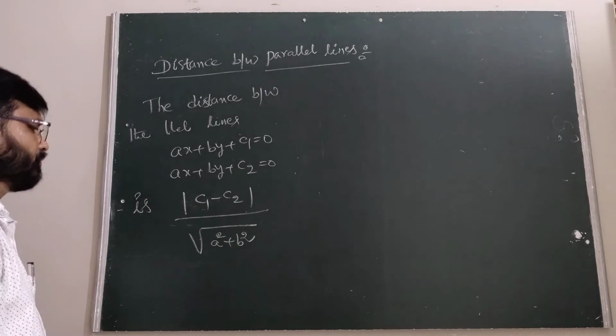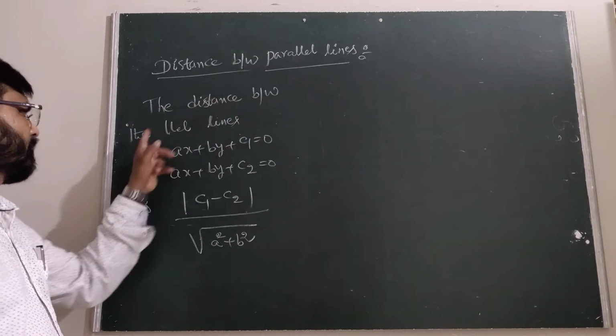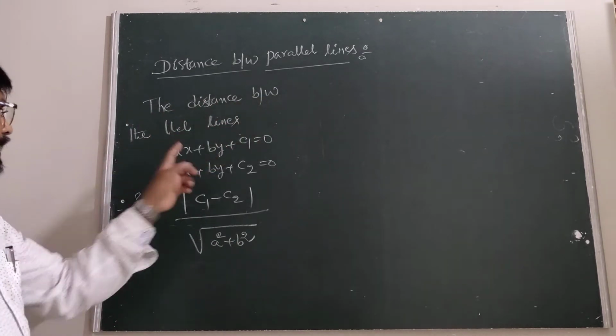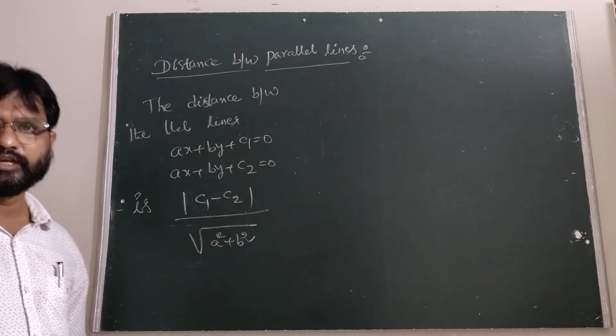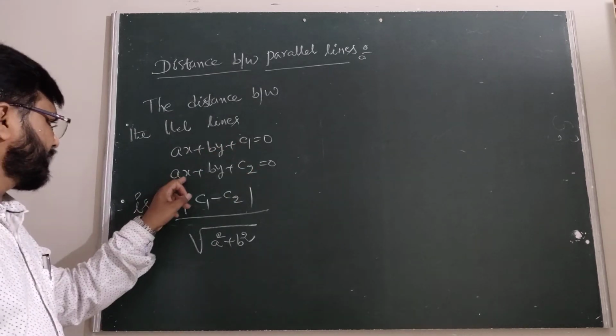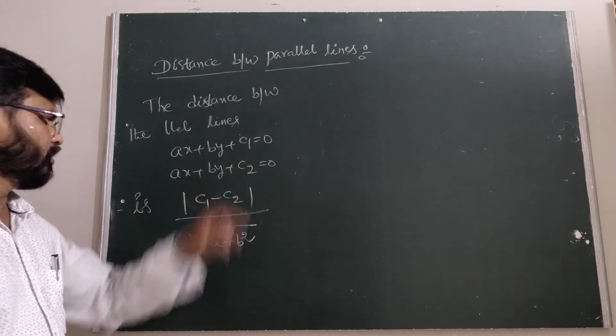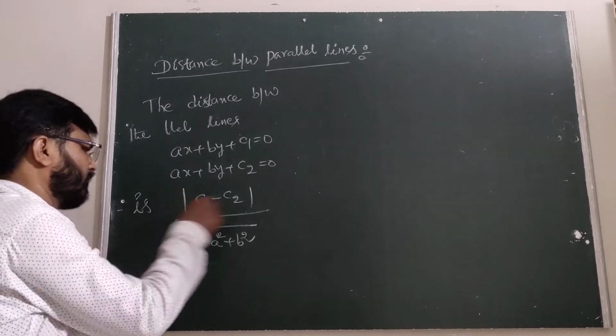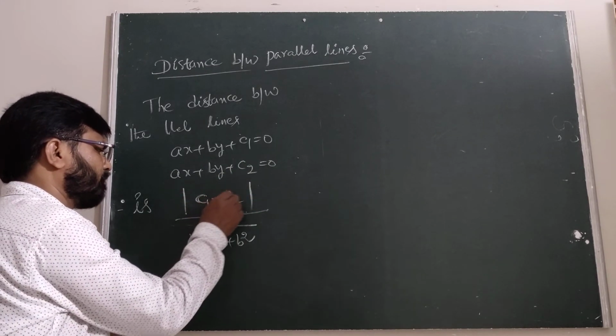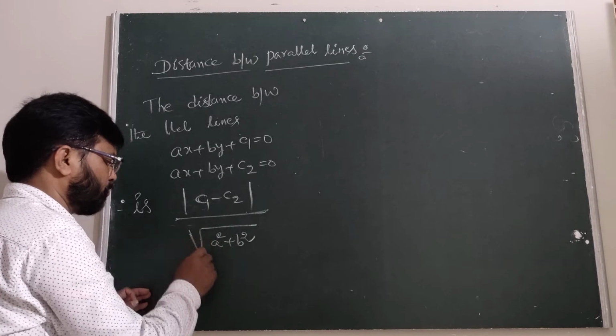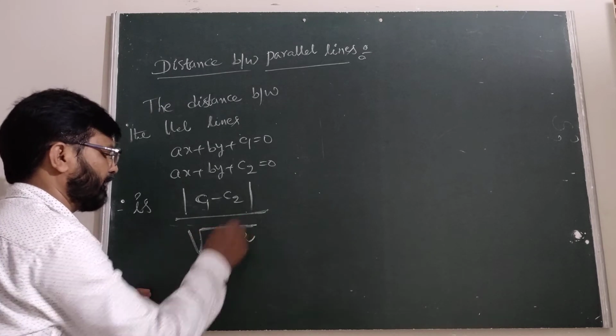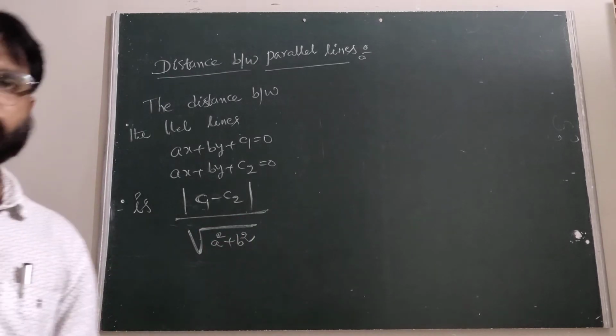This is the formula. The distance between the parallel lines ax + by + c1 = 0 and ax + by + c2 = 0 is modulus of c1 - c2 upon root of a square plus b square.